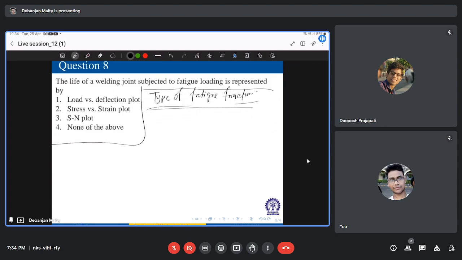So your material is subjected to some load which is fluctuating in nature, and it will sustain it for a number of cycles, and only that way you will try to estimate the fatigue life of the components, right? So yeah, this is in terms of the S-N curve. You already know that through the S-N curve we talk about the fatigue life of the component.